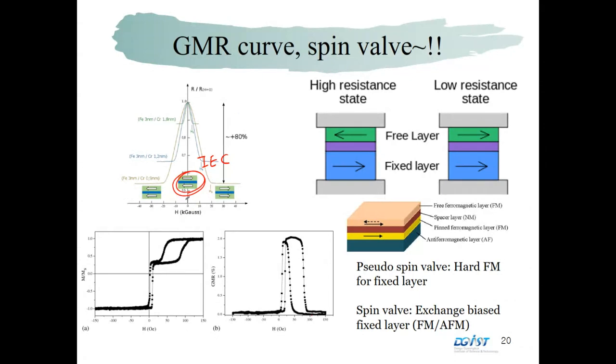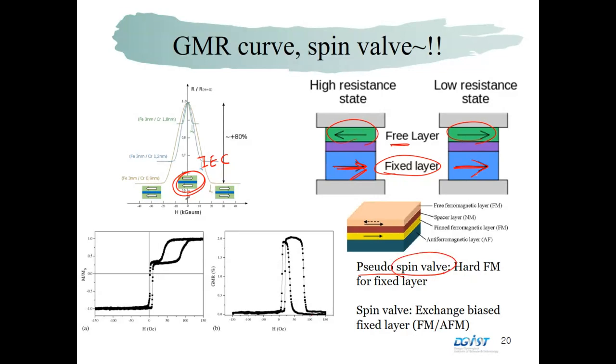And the other type is where we use different ferromagnetic layers. One is called the fixed layer, and this layer can resist the external field very strongly, while the other ferromagnetic layer, called the free layer, can be easily switched. To make such a structure, there are two ideas. One is called pseudo spin valve.